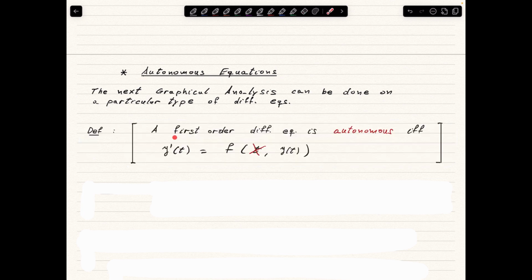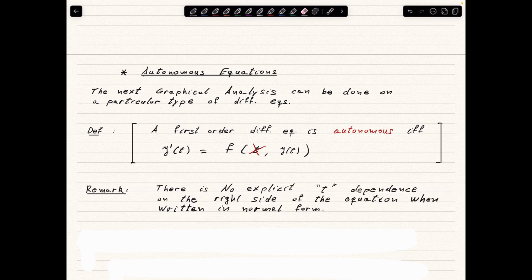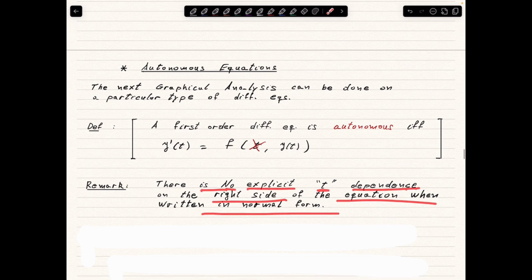A differential equation of first order is called autonomous if the right-hand side of the equation does not depend explicitly on time. Most of the equations we have been working with today and in previous videos are in fact autonomous. What this condition says is that there is no explicit t dependence, the independent variable, on the right side of the equation when written in normal form.